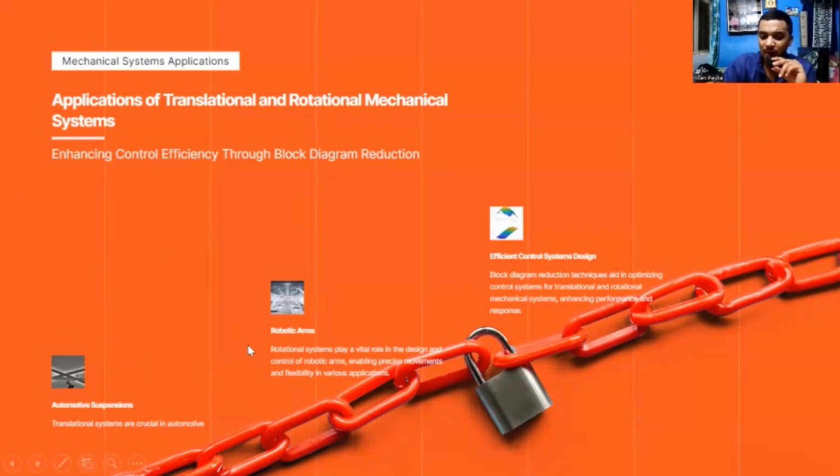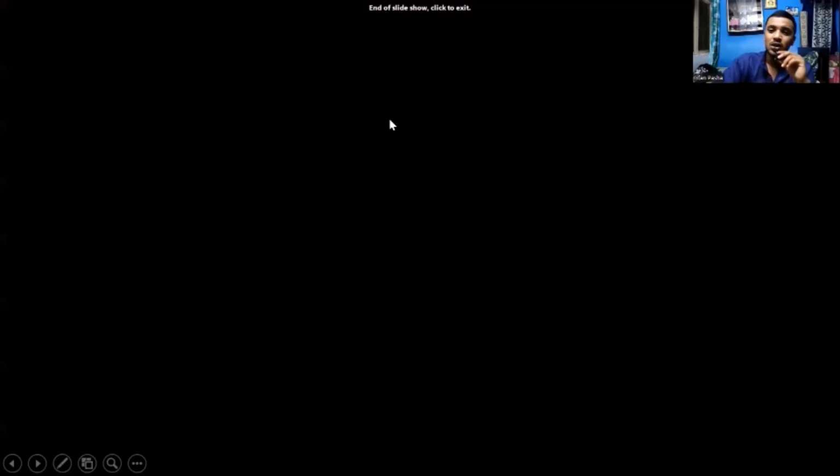Then come robotic arms; rotational systems play a vital role in the design and control of a robotic arm. Then efficient control system design, which we see in control systems laboratories or online applications of control systems. These are very important in those aspects also.